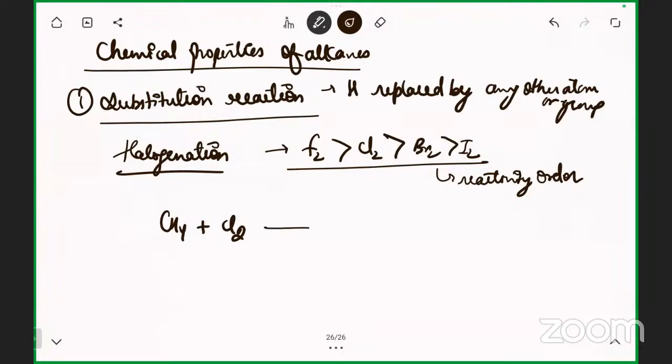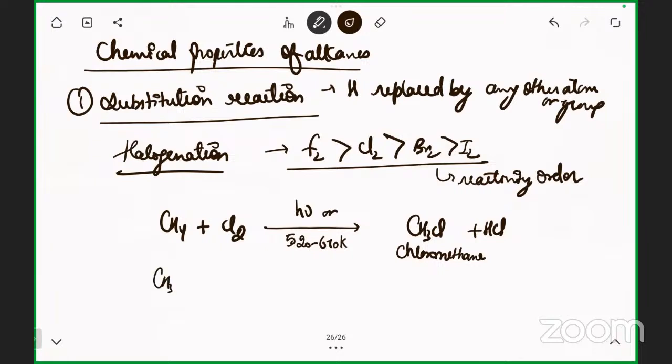Okay, so let's do some reaction, that is CH4 plus Cl2. Methane, when reacting with Cl2, this reaction occurs either in the presence of light or at 520 to 670 Kelvin. One of the hydrogens will react with Cl, forming HCl, and the other will form CH3Cl. This is called chloromethane. Again this CH3Cl can react with Cl2, in the presence of h nu or the same temperature.